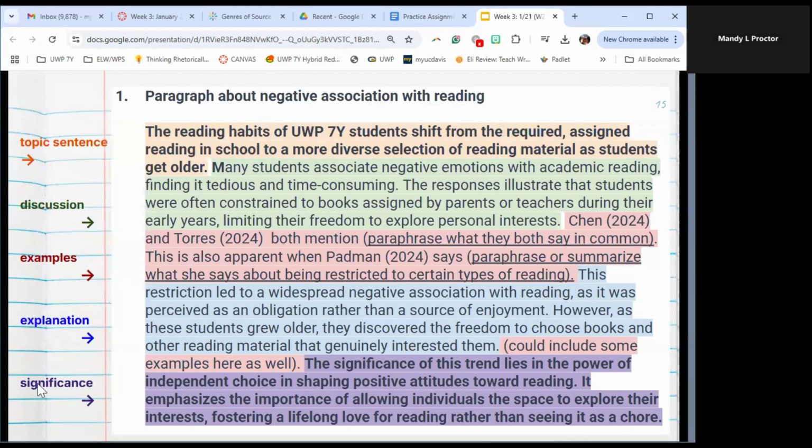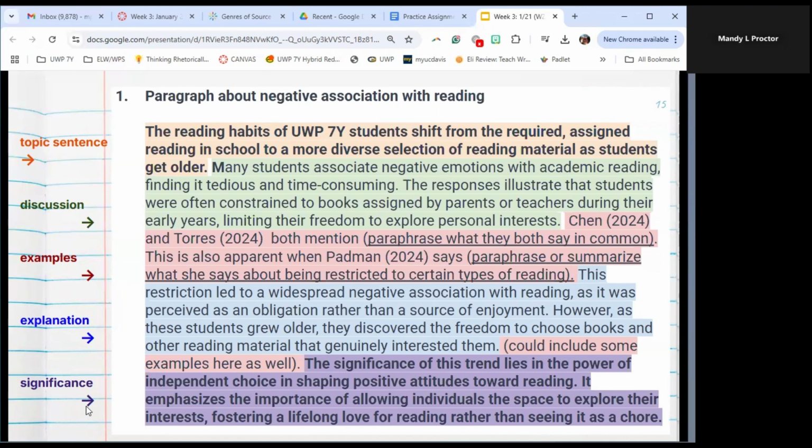So we could look down here in the purple where that closing sentence is identifying the significance of the trend, the importance of it. So we see right there the word significance. The significance of this trend lies in the power of independent choice. It emphasizes the importance of allowing individuals the space to explore their own interests, fostering a lifelong love for reading rather than seeing it as a chore.